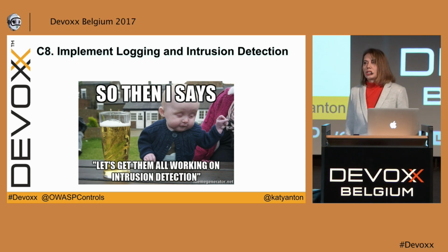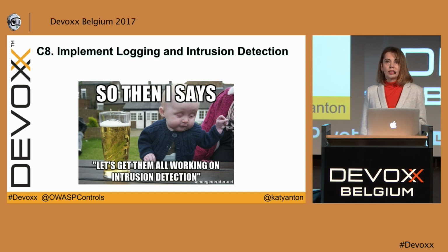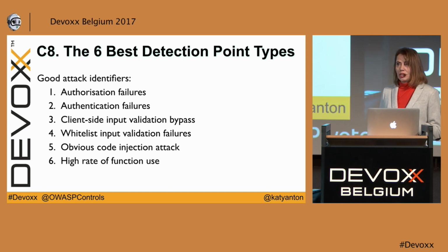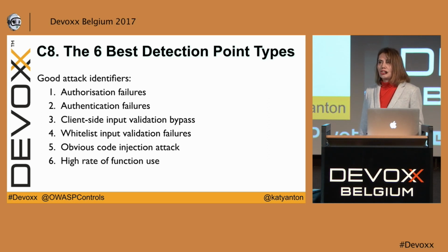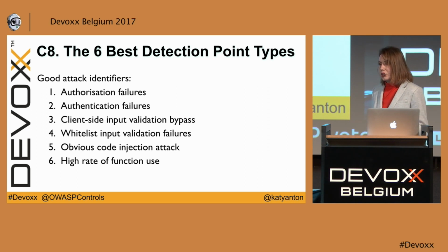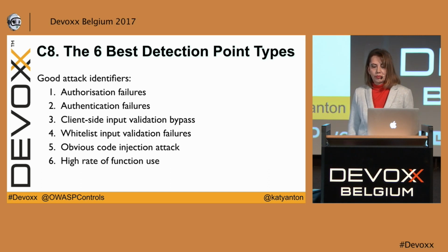When it comes to intrusion detection, there are 6 types of events that can be considered good attack identifiers, like, for example, authorization and authentication failures, client-side input validation bypasses, whitelist input validation failures, obvious code injection attacks, like, for example, obvious SQL injection payloads or cross-site scripting payloads, and high rate of function use. For example, if a page has been requested a high number of times in a very short period of time.